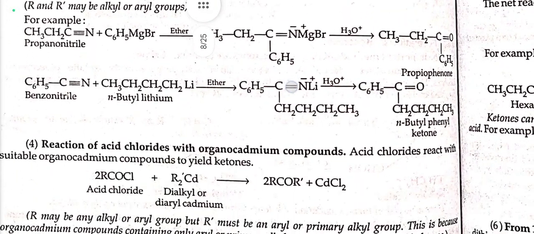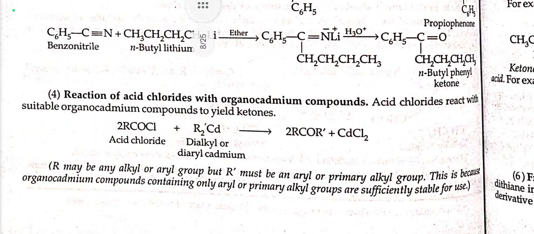Fourth method is reaction of acid chloride with organocadmium compound. Acid chloride reacts with a suitable organocadmium compound to yield ketones. R may be an alkyl or aryl group, but R' must be an aryl or primary alkyl group. This is because organocadmium compounds containing only aryl or primary alkyl groups are sufficiently stable for use.